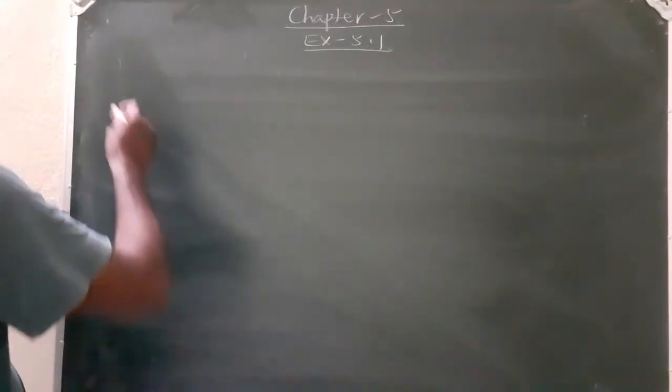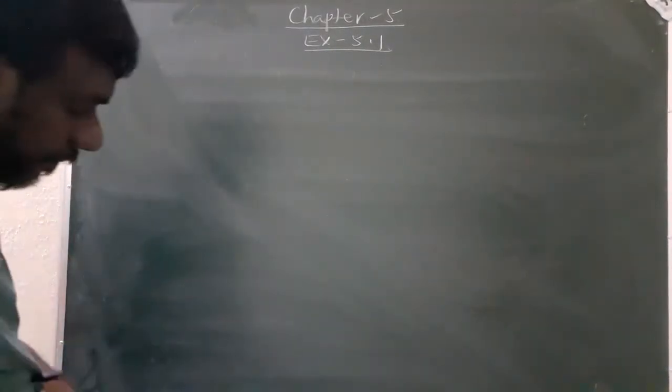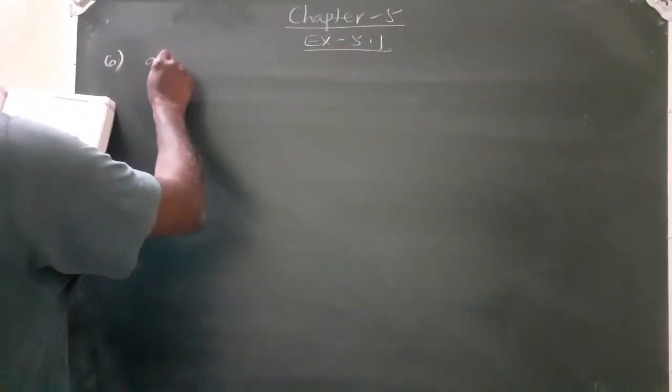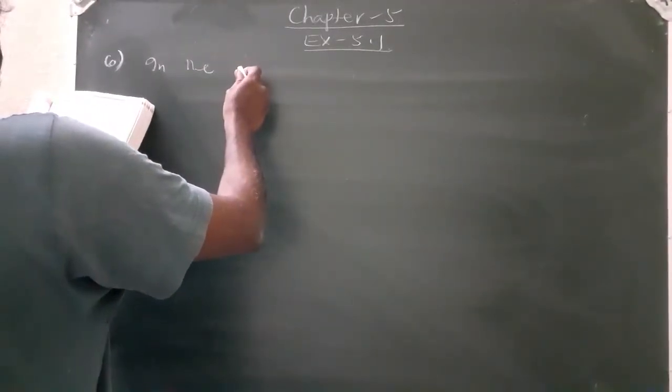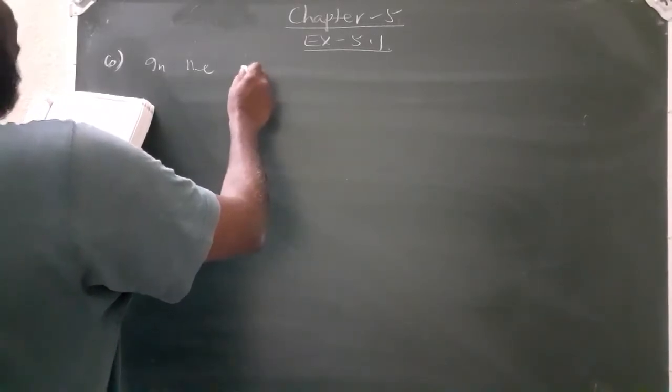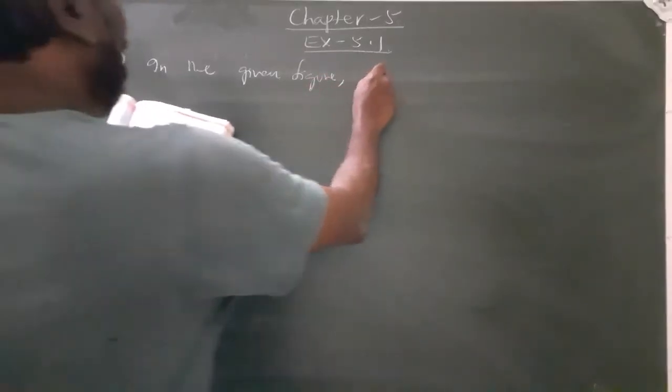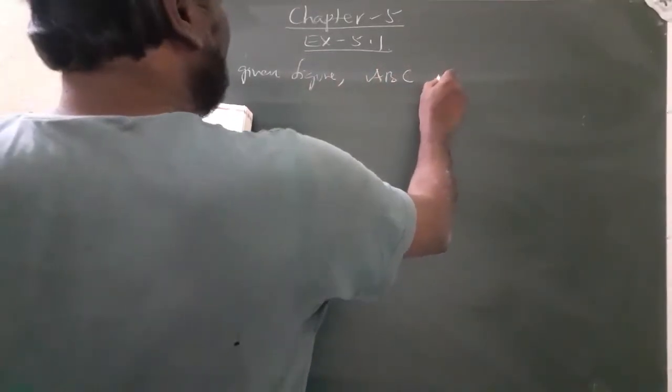That is sixth one. In the given figure, ABC is a triangle.